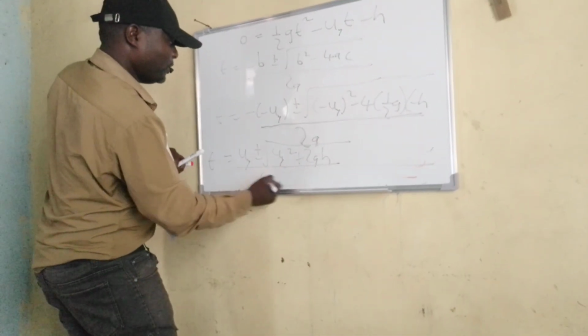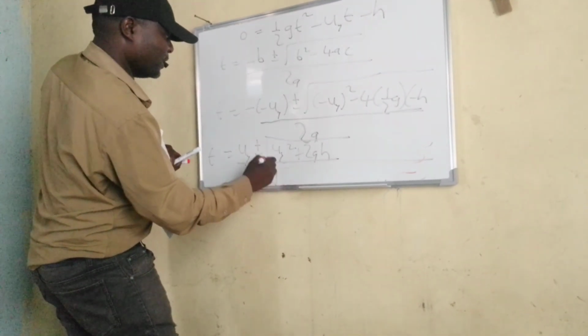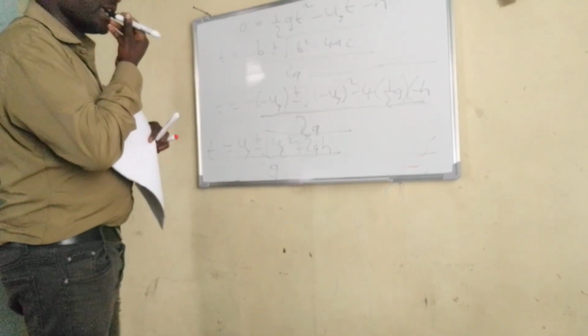So 2 times half g is g, all over g. So this is basically how it is done.